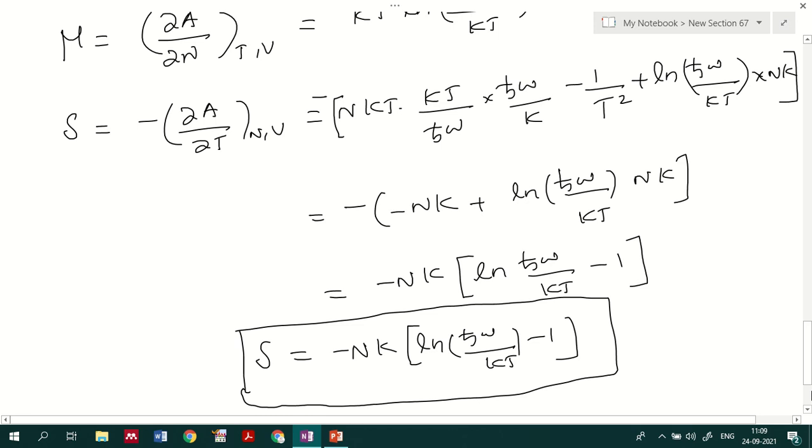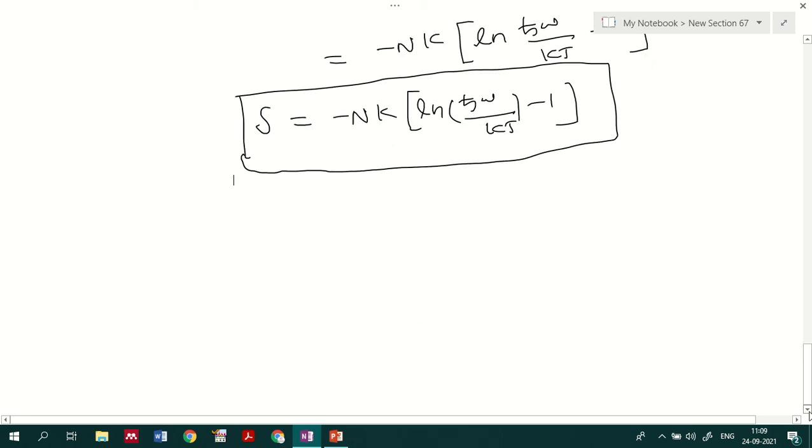Now we will try to understand what is the corresponding internal energy.